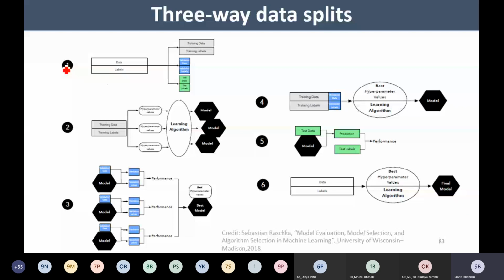So what are we going to do in the very first step? In the very first step, we start by splitting our data set into 3 disjoint sets. So this is my original data set. I have data along with the labels. What I am going to do is partition this data into 3 disjoint sets instead of 2. And what are these 3 disjoint sets?